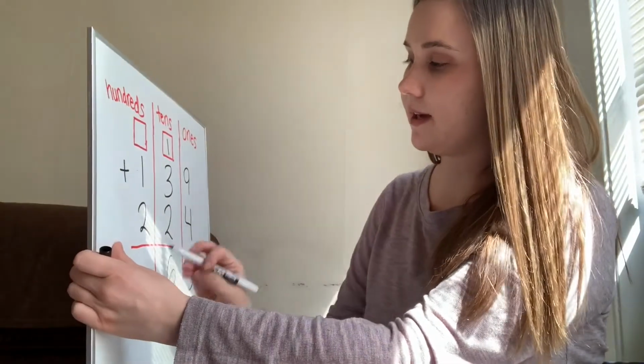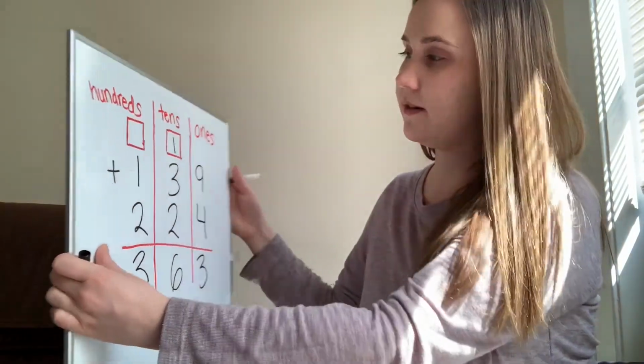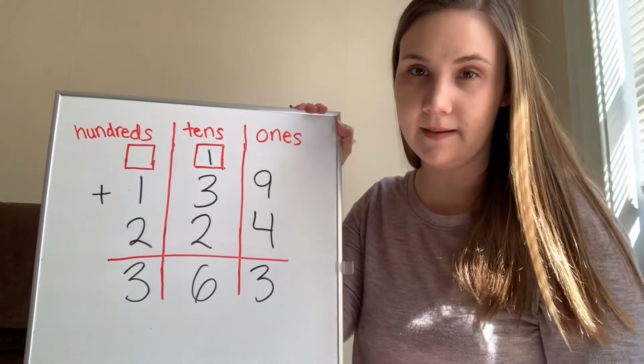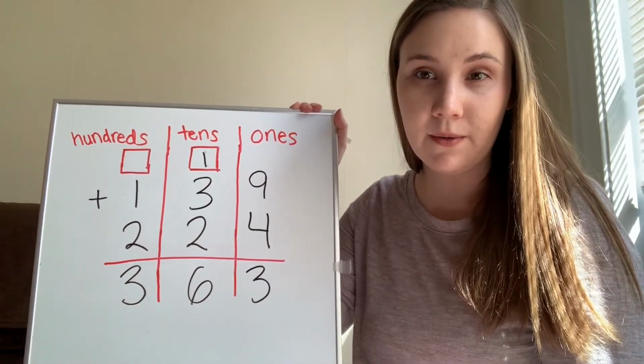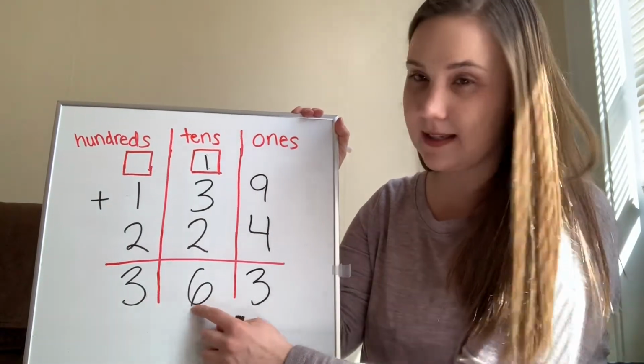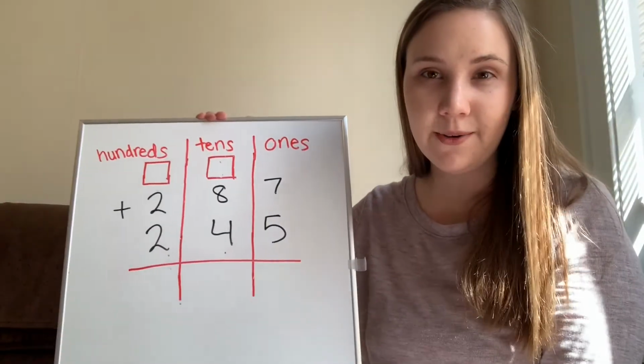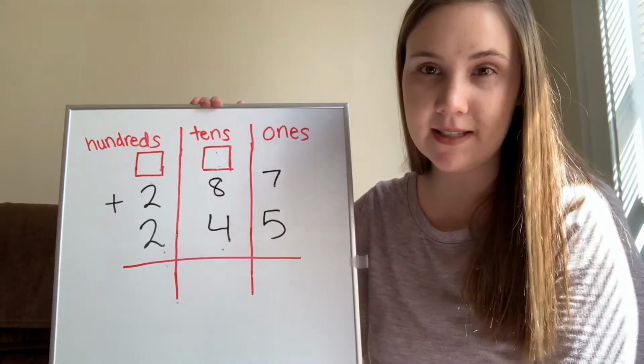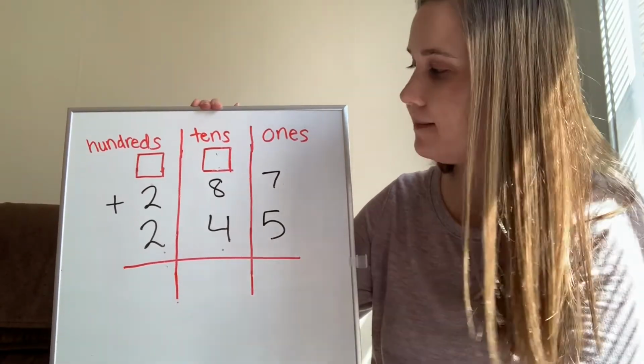So I'm going to write 3 underneath the hundreds column. So our sum or the answer to the problem is 363.